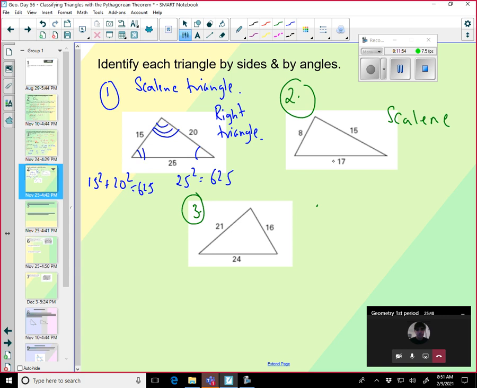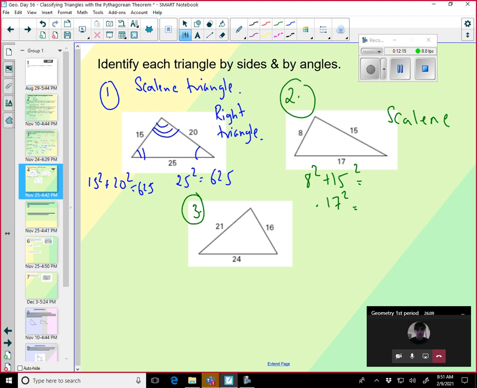And we have to see what is 8 squared plus 15 squared and 17 squared. Let's compare these two numbers. 8 squared plus 15 squared gives us 289, and 17 squared also gives us 289.